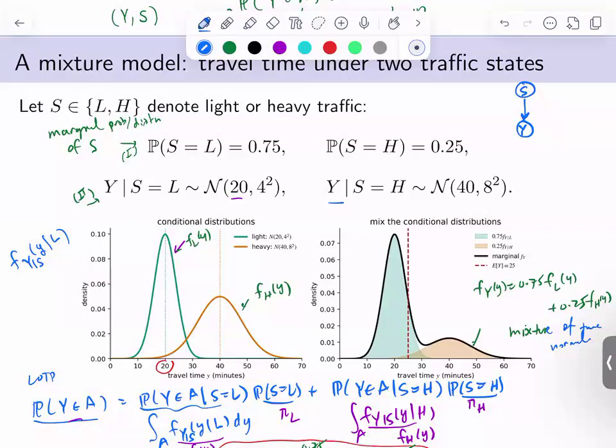So you draw the arrow like this. This is saying Y given S is determined, and then the marginal of S. That's the way this distribution factorizes. This is the Bayesian network diagram of this model. Questions, comments?